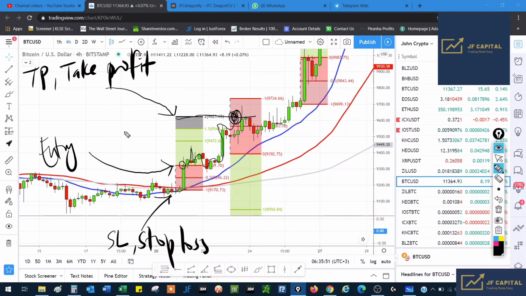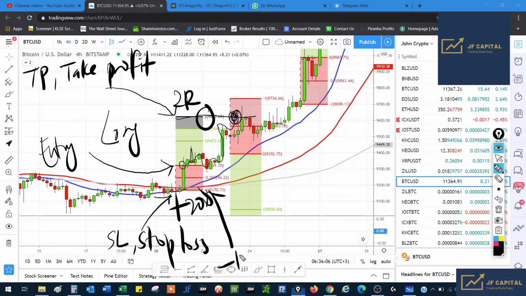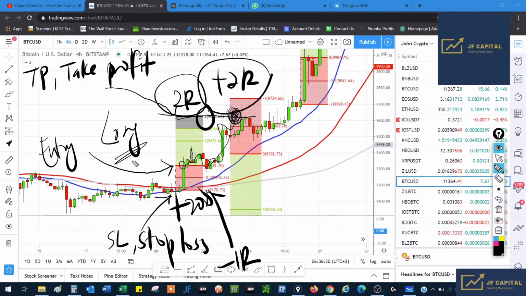For this long setup, I have made a profit of plus 200, because my risk per trade is 100. Here is 2R, here is negative 1R. When price reaches my TP, I will have plus 2R. In this case, the price is not going down, it's going up, so I have plus 2R for the long setup.